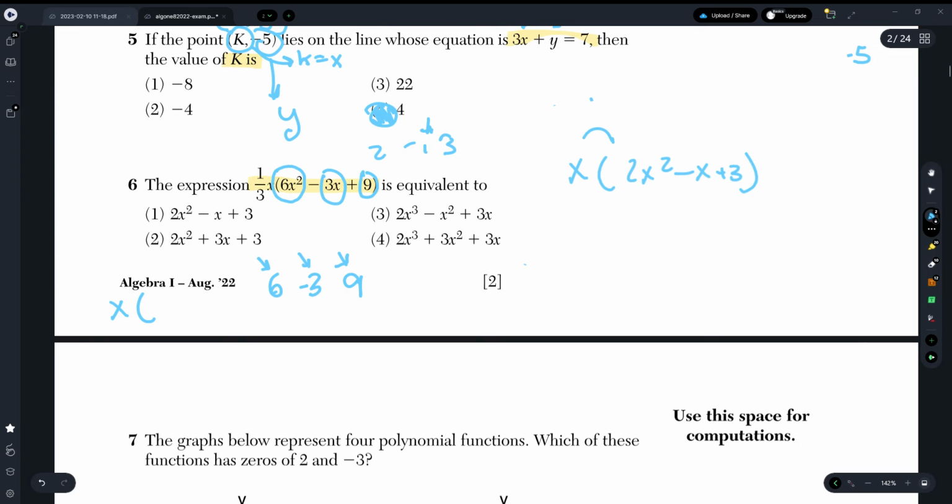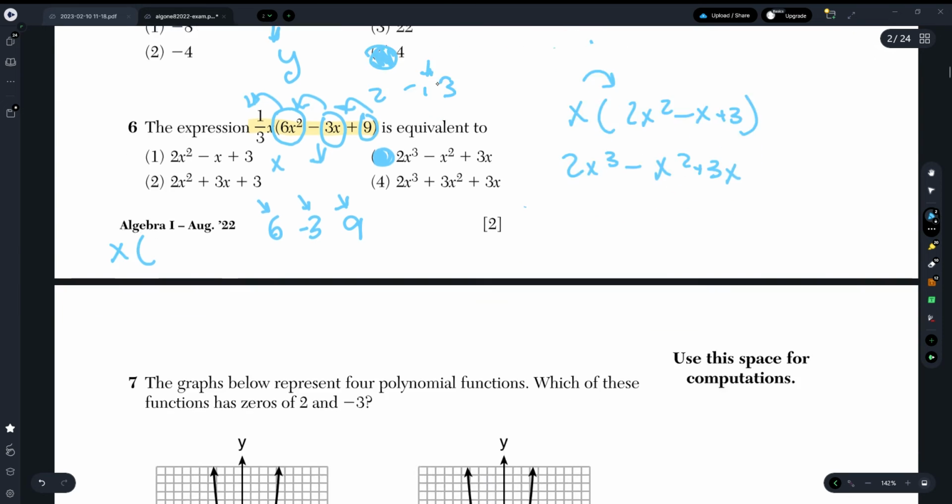I distribute my x out. I have 2x cubed minus x squared plus 3x, and I get answer choice number 3, right? So we simplified it. We reduced it. We took out the excess numbers. We simplified it to x, and then we distributed it back again.